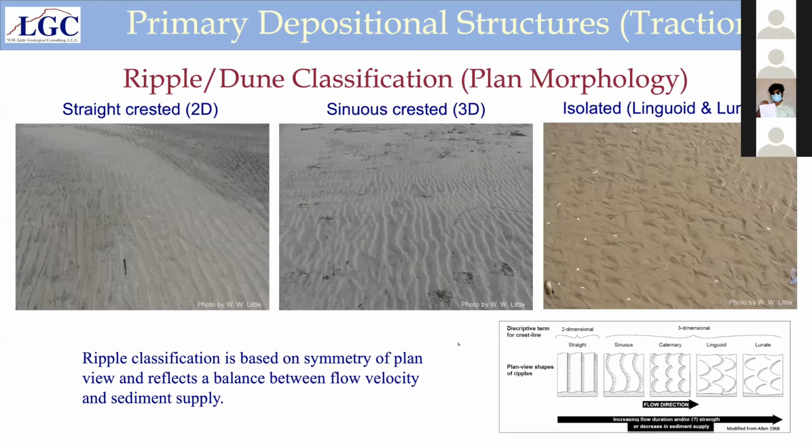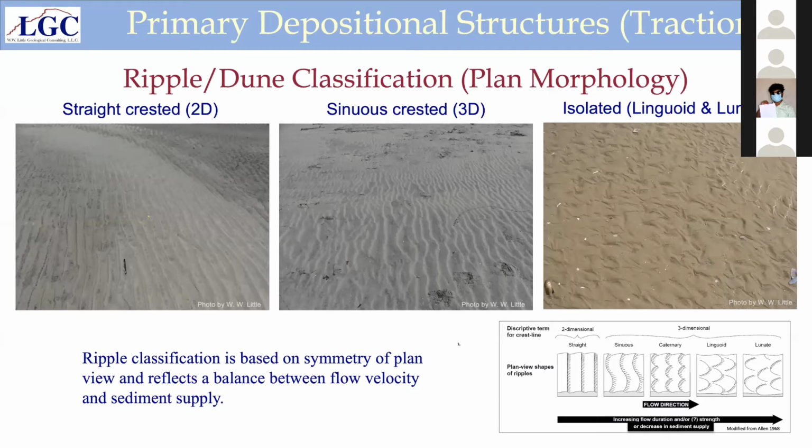Sometimes we'll call them two-dimensional or three-dimensional. And down at the bottom on the right, you can see again the transition as you move from left to right. You're seeing either an increase in flow velocity for a given amount of sediment, or you're looking at a decrease in sediment supply for a fixed flow velocity.